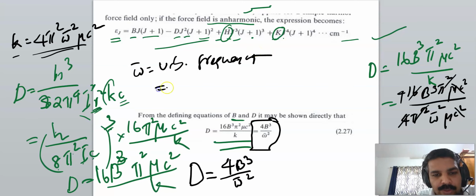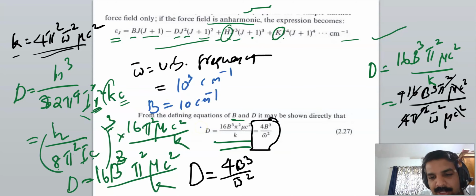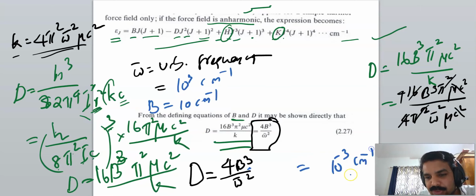Normal vibrations are in the order of 10 raised to 3 centimeter inverse, and B we have studied is of the order of 10 centimeter inverse. Therefore the value of D is approximately 10 raised to minus 3 centimeter inverse. So this is a very small value.